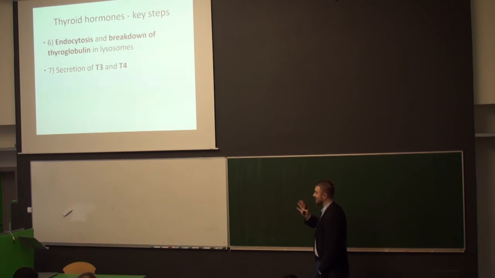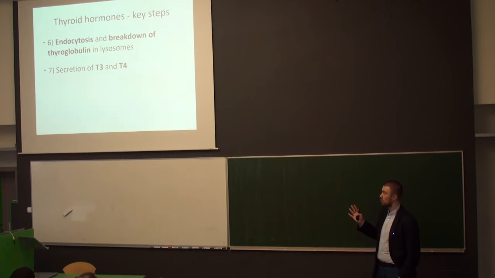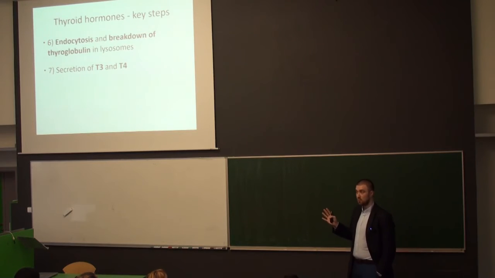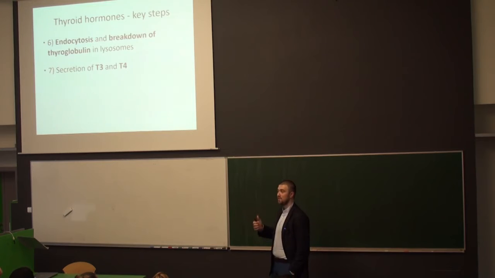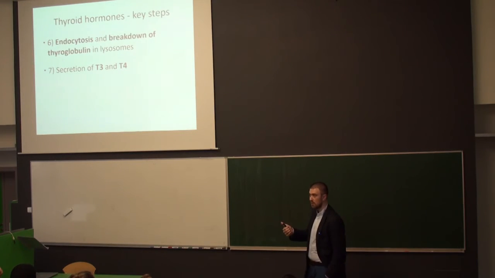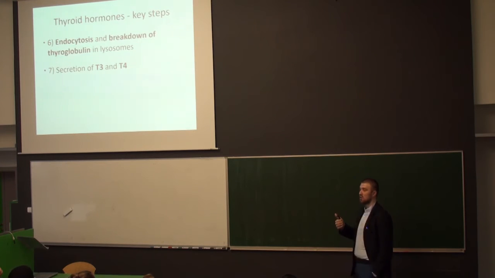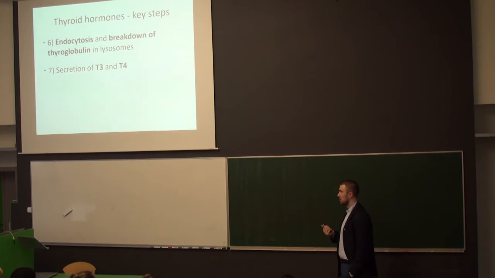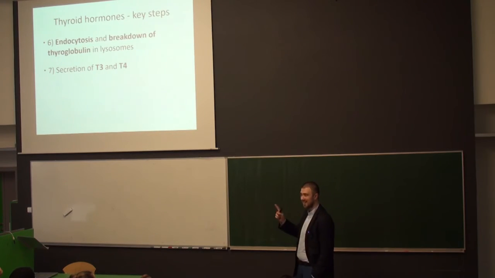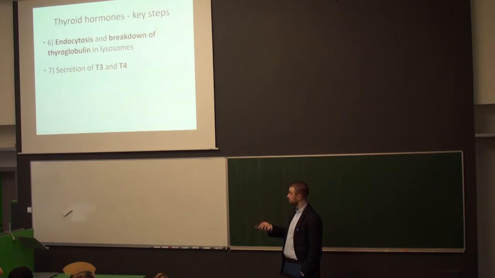Of course, in this phase, you do not release only T3 and T4. The problem is that still in the molecule of thyroglobulin, you have some molecules of uniodinated tyrosine and the molecules of monoiodotyrosine and diiodotyrosine. And the question is how you can recycle these molecules.